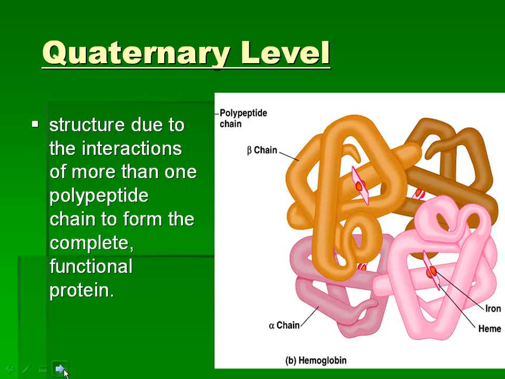One of the things, if you remember, and that's how important the primary level of structure is, because for example, patients that have sickle cell anemia have 2 amino acids that have been changed in the primary level of structure in that linear sequence. And because those 2 amino acids have been changed, that causes the protein to fold differently once the oxygen has been released.